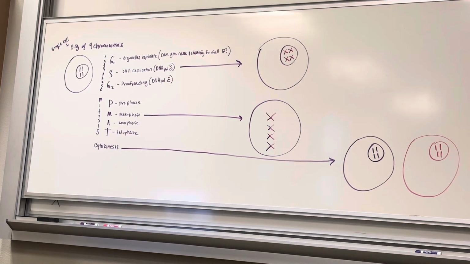Yeah. I've always been curious about this. So in the process of protein synthesis, does it stop when the cell is going through replication? Is it only happening during G1 phase of the cell cycle?